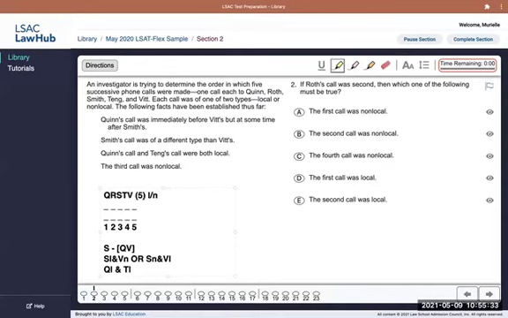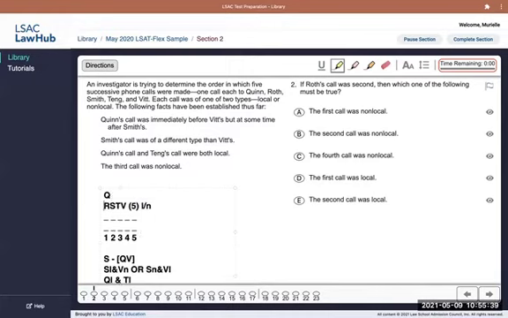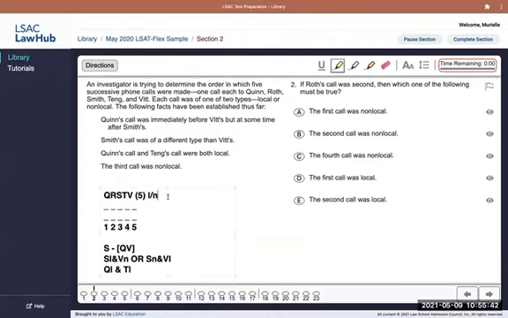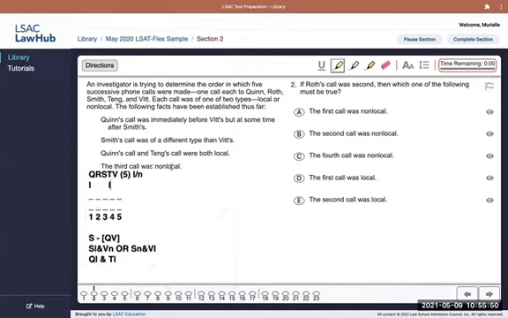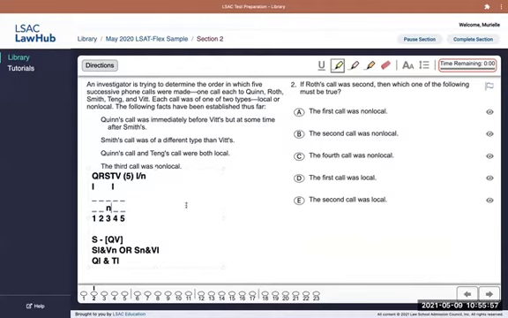Those just look like extra I's, like the letter I. So maybe underneath you want to say Q is local, right? And then T is also local. That's another way of doing it potentially. And then the third call is non-local. We can just add that right into our diagram.